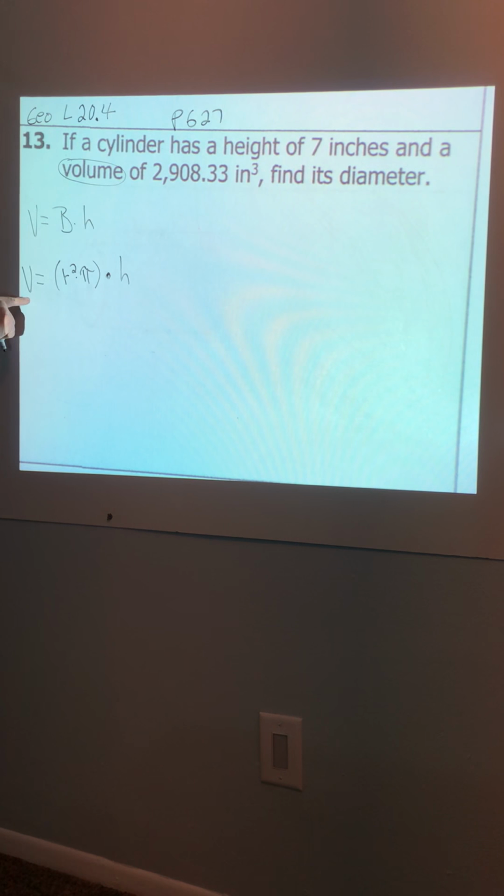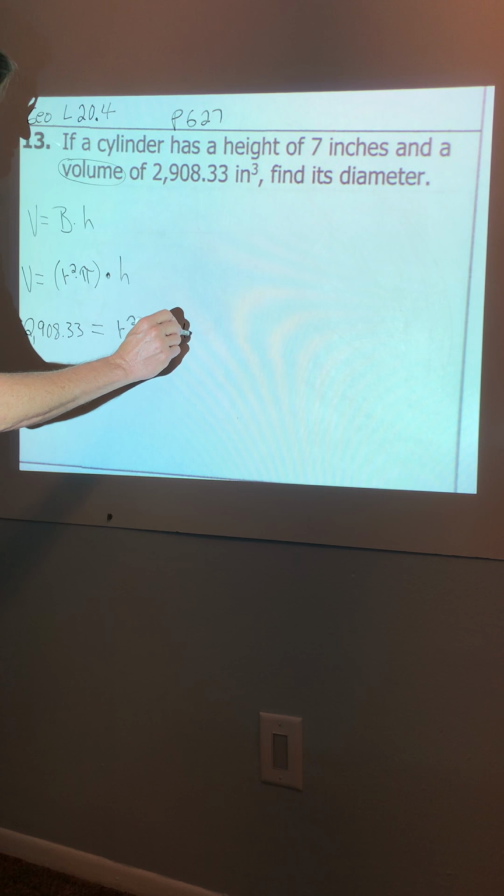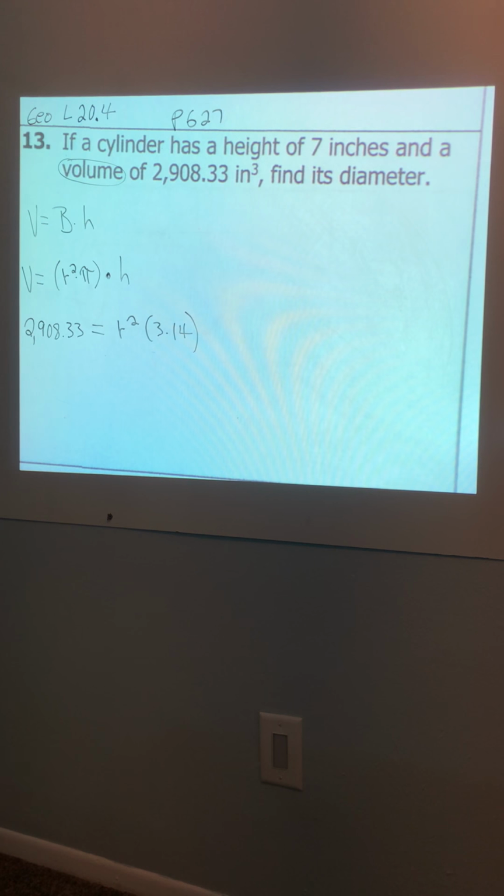Did they give you the volume? They did. So where V is, I'm going to put 2,908.33. Put an equal sign, okay? They did not give me the diameter, they did not give me the radius, so leave radius alone. Pi is pi, 3.14. Did they give you the height of the cylinder?